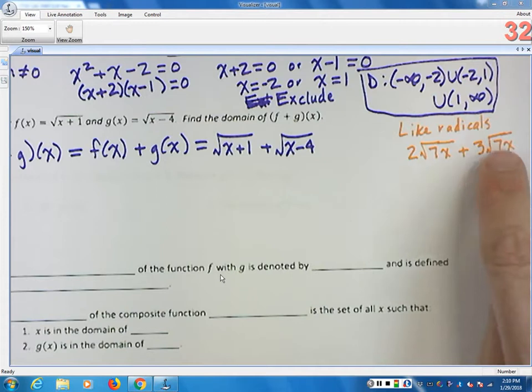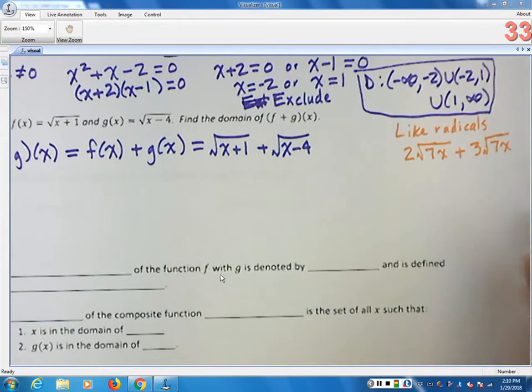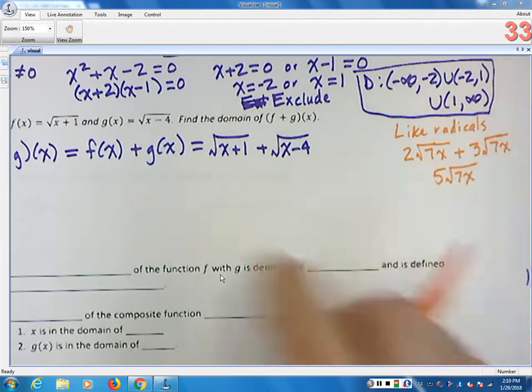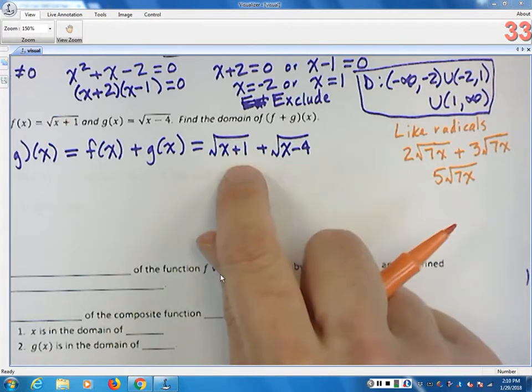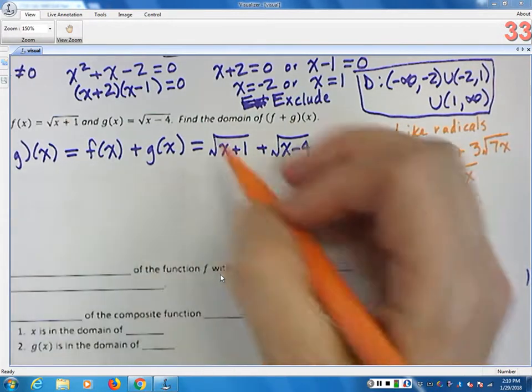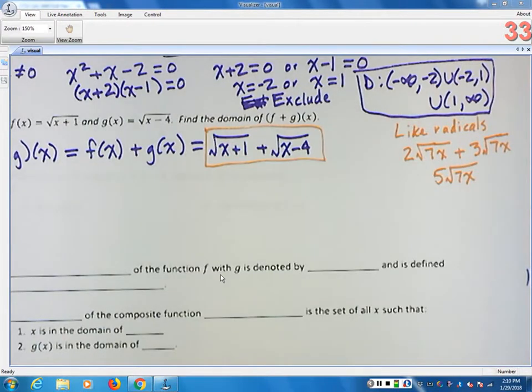You have square roots and you have the same radicands. They have to be the same root and the same thing underneath the radical sign. And then they're like radicals, and you can combine those like variables. That would be 2 plus 3 is 5 square root of 7x. But because these are different, you can't combine these. So this is f plus g of x. Now we need to find the domain.